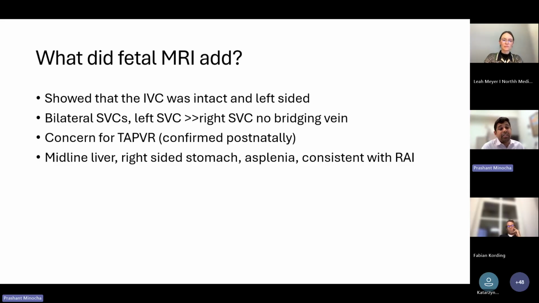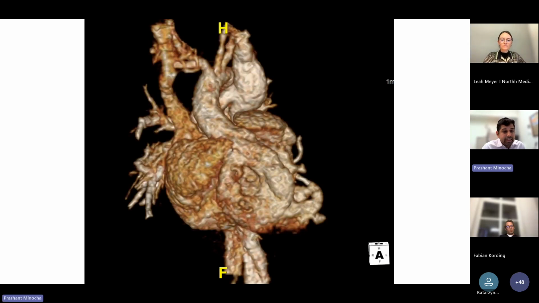In addition to the cardiac findings, we were able to define that there was a midline liver, right-sided stomach, asplenia. So all of these things were consistent with right atrial isomerism. And this is a postnatal CT showing these findings. So here in this 3D CT reconstruction, you could see the veins coming back behind the left atrium.